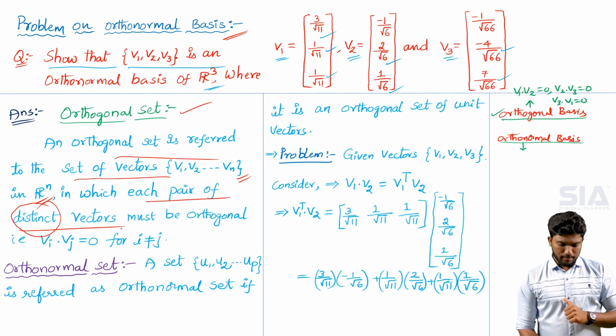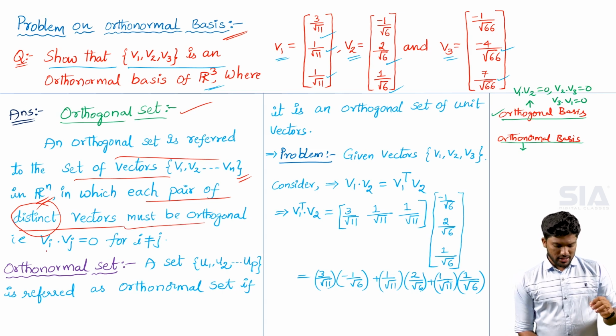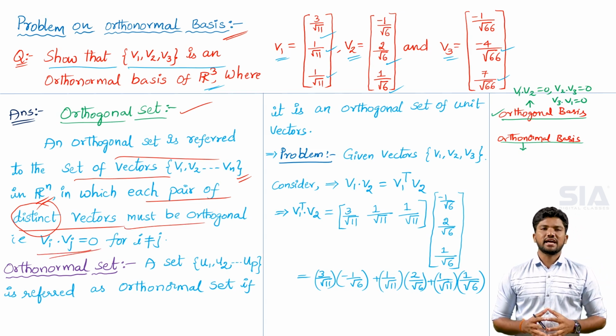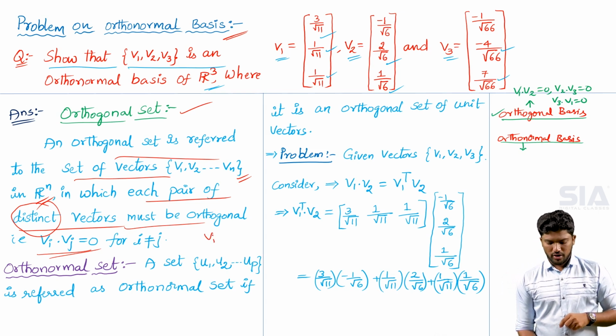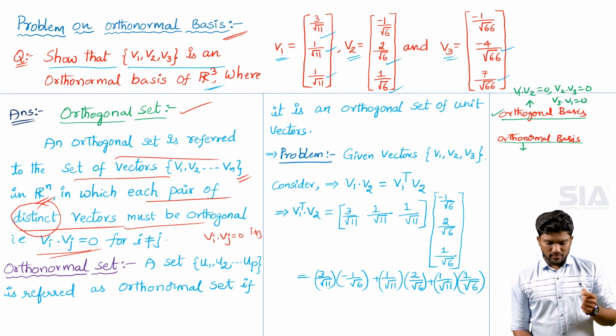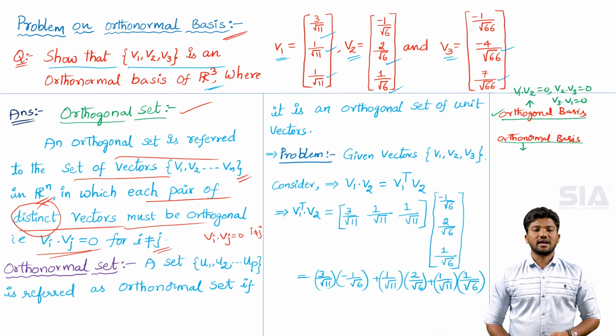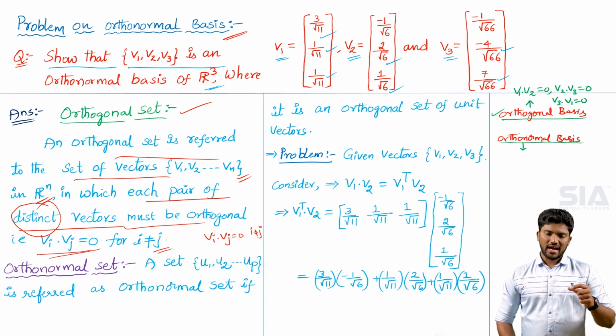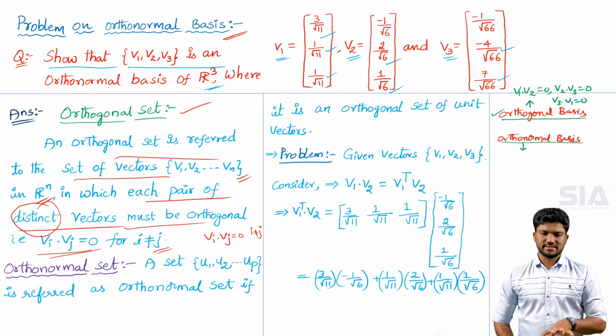The pair must be orthogonal if and only if vi into vj is equal to 0 whenever i is not equal to j. That is the condition for the orthogonal set, and that is the orthogonal basis.